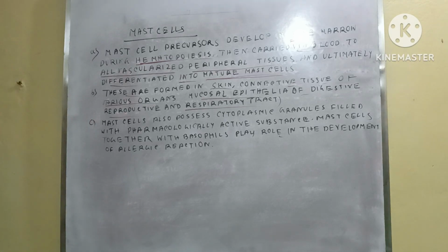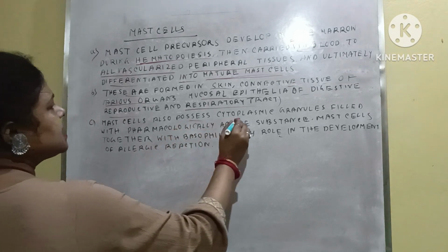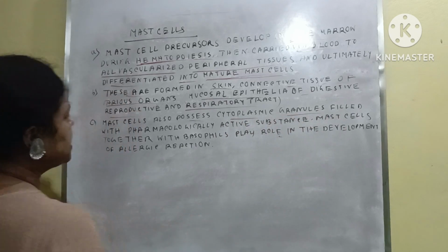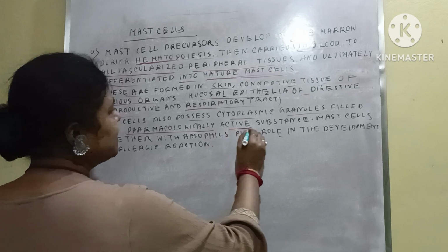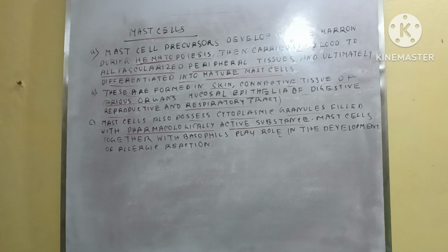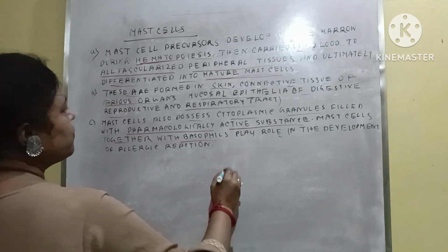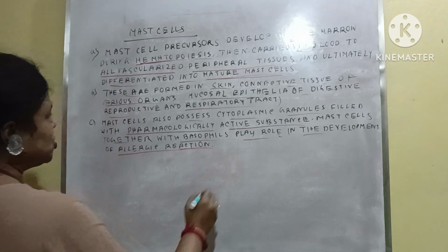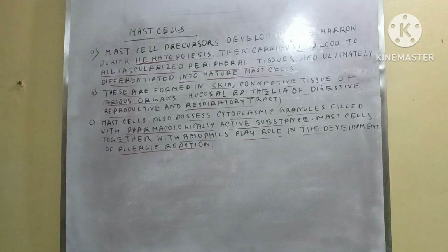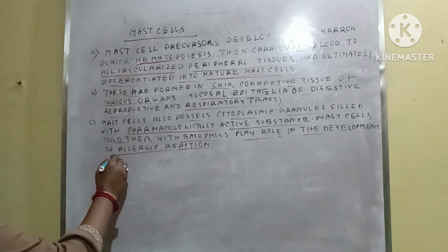And third, these possess cytoplasmic granules that are filled with pharmacologically active substances. Mast cells together with the basophils play a role in the development of allergic reactions. So mast cells are generally involved in allergic function.